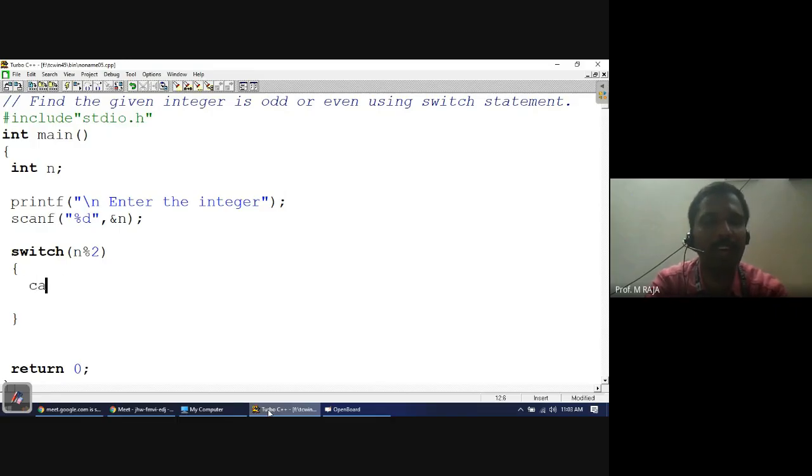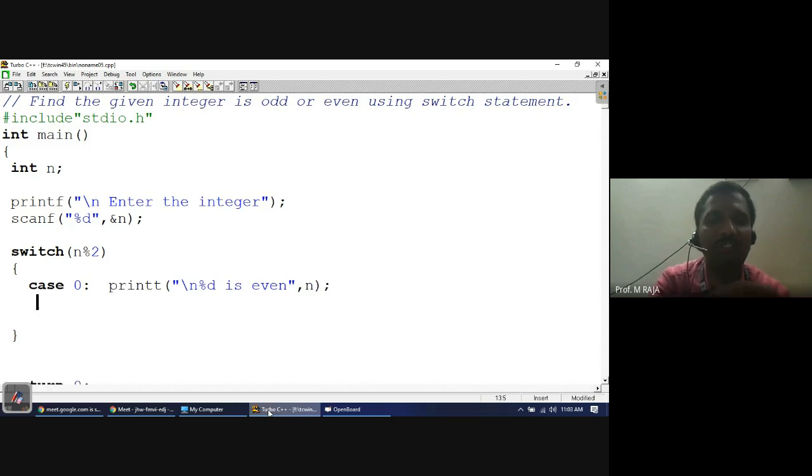So how can we write a case statement? Case 0, then here we can write printf("\n %d is even", n). We are printing the message, suppose 10 is even, where 10 is the value of n.